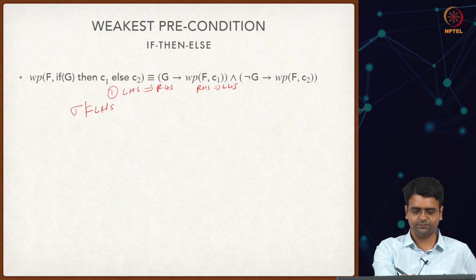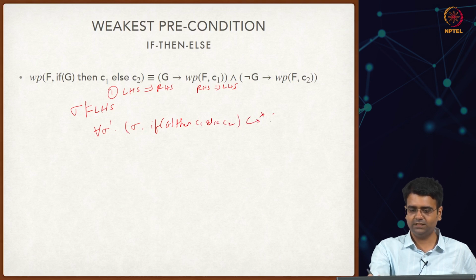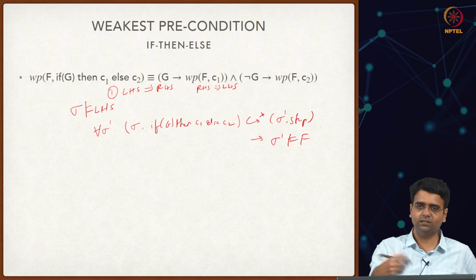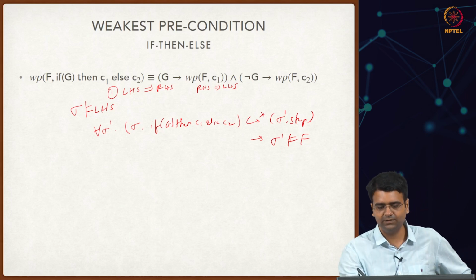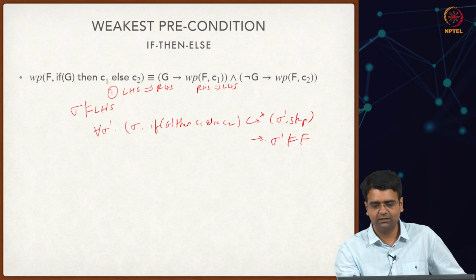That means that for all sigma prime, if on executing this if G then C1 else C2 you reach the state sigma prime, skip, then you are guaranteed that such a sigma prime must be a model of F. Here we are encoding a set of states using a formula, so that's why we are using the models-of operator.